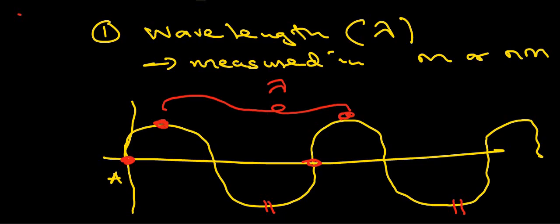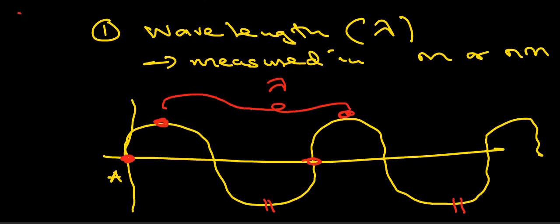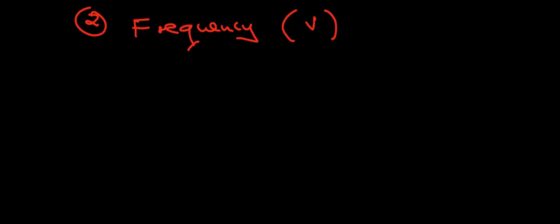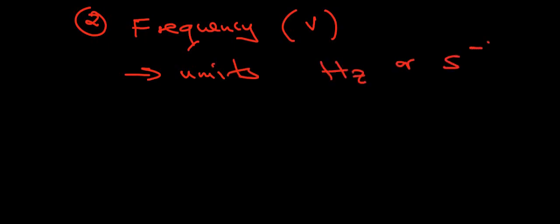And this is always going to be related with frequency. So the other thing that we are going to also mention is frequency. Frequency is going to be denoted by the letter V. In chemistry, under this topic, the letter V will mean frequency, and the unit for frequency is simply hertz, or we just say per second.